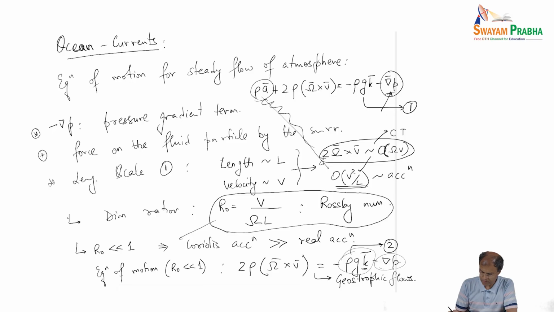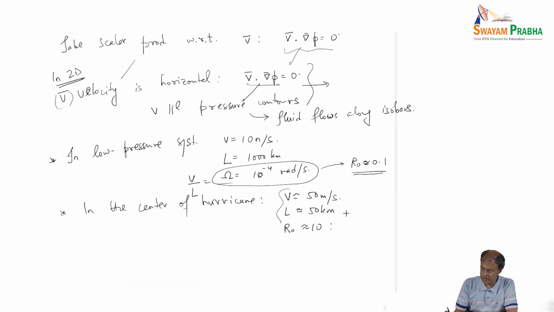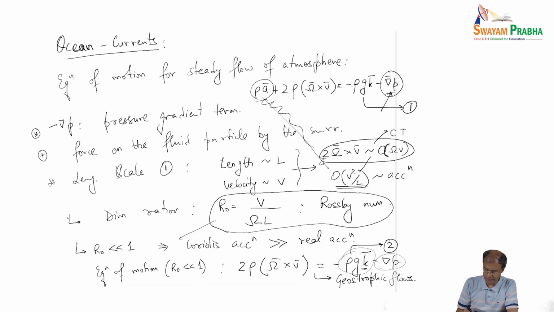So this is the case of low Coriolis effect. The earlier case was the case of high Coriolis effect where the Rossby number was low, right? So this is what we said: when R naught is less than 1, the Coriolis terms dominate.